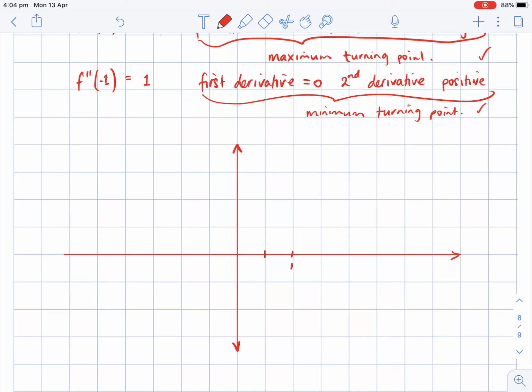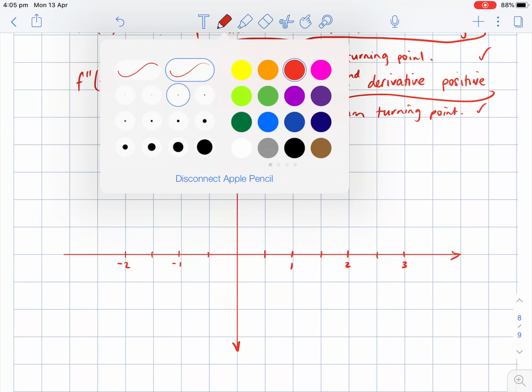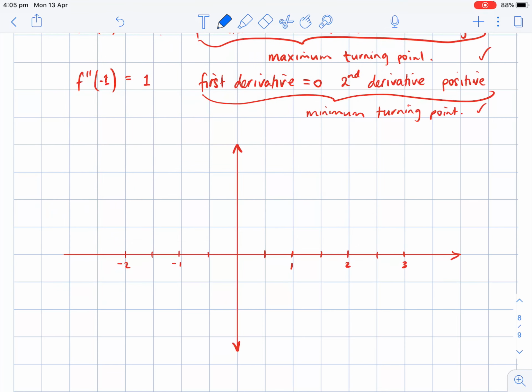So let's just put a scale on here, call that 1, 2, 3, minus 1, minus 2. When I go to plot my graph, I know at this point it's going to have the point (1, 1).